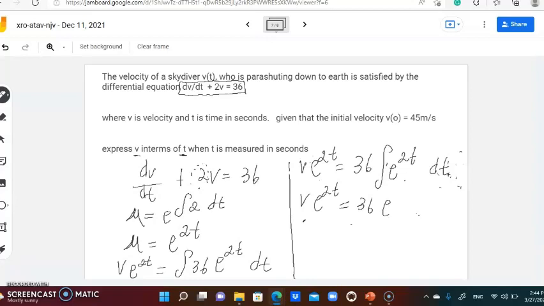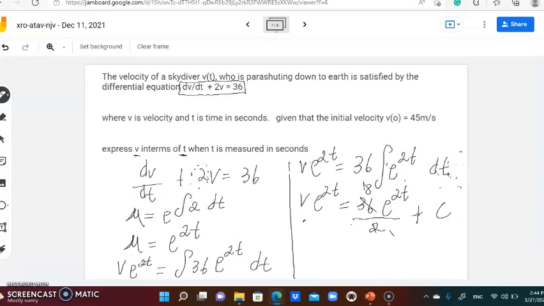So it's going to give me e to the 2t over 2 plus my constant of integration, c. I know 2 into itself goes 1. 2 into 36 goes 18.